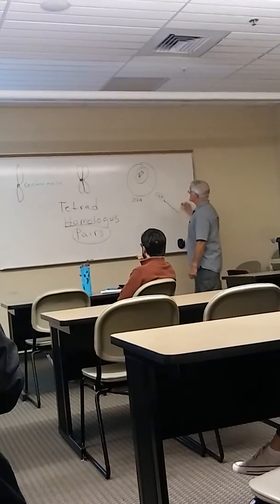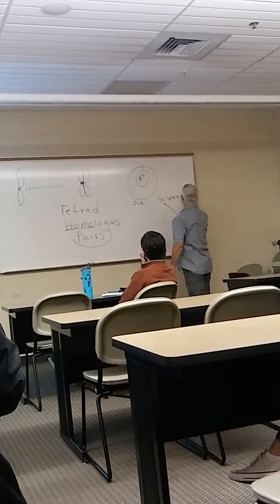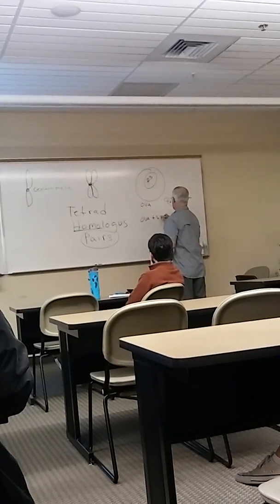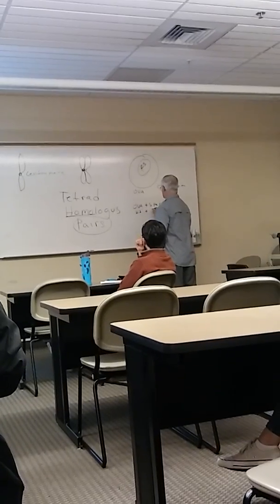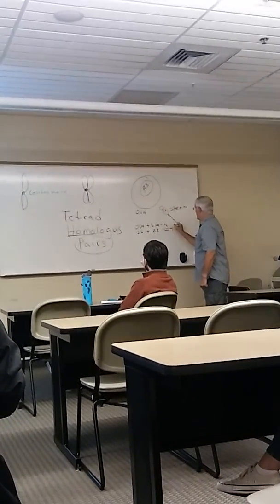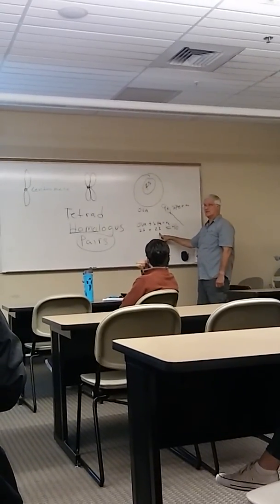So when these actually come together during fertilization, if I go ova plus sperm, right, we have 23 of these plus 23 of those equals how many? 46. That's how you get your 46 chromosomes. 23 from mom and 23 from dad.